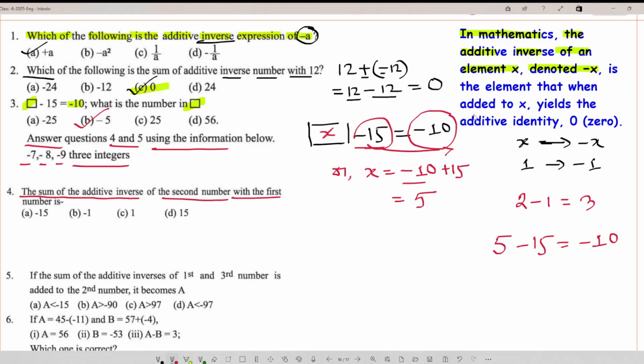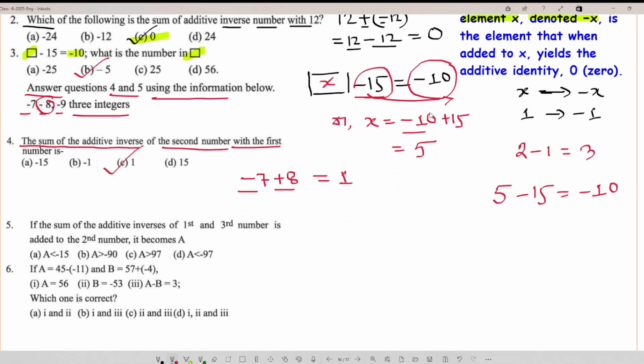The first number is minus 7, and we will sum the additive inverse of the second number, which is minus 8. Minus 8 becomes plus 8 because of the inverse. So the result is minus 7 plus 8 equals 1. So where is 1? Number C is 1.